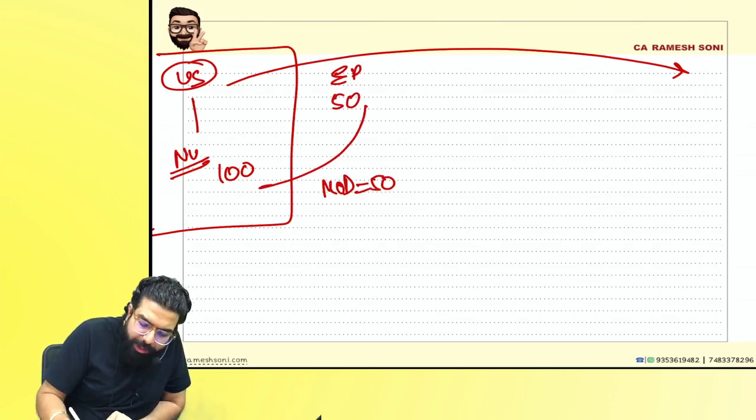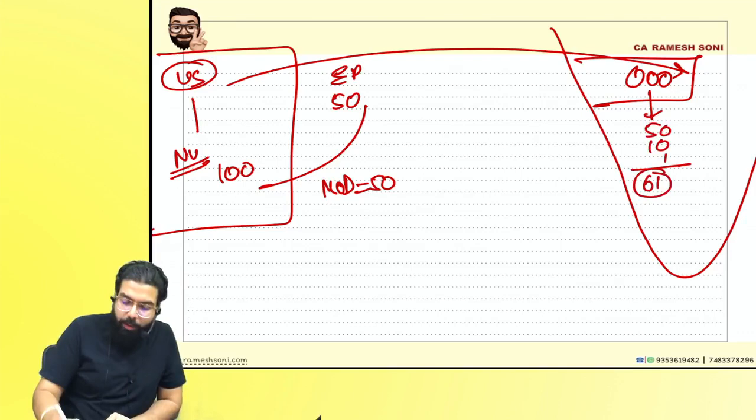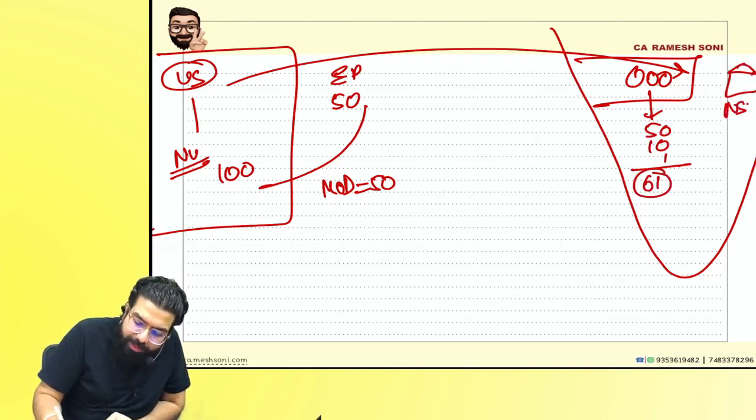The goods have come to India over here. In the Indian port, the goods have come. I am clearing, and 50 rupees plus basic custom duty, social welfare surcharge, it is costing me 61. In India, you will have to see the normal selling price or the landed price. What is the landed price?